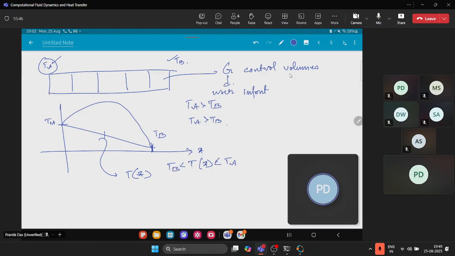Whereas for this case, when there is a source term, your T(x) becomes greater than TA and TB both. Okay, is it clear to all of you?